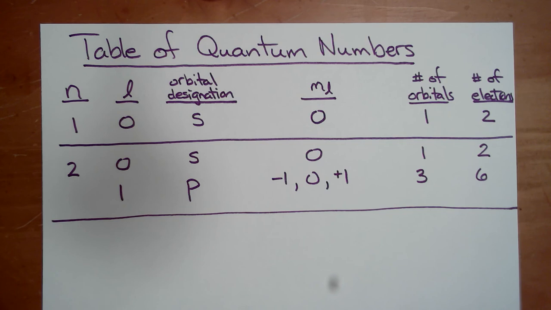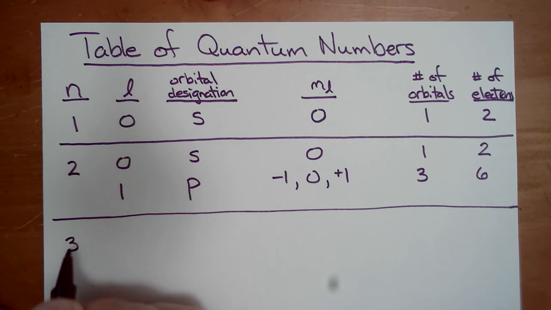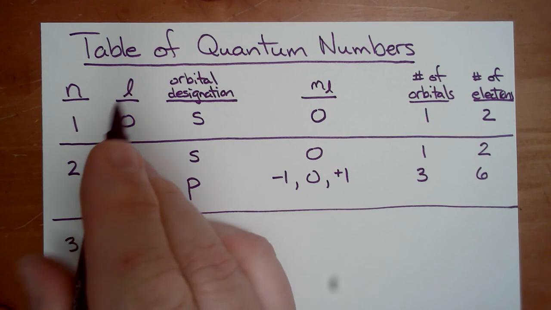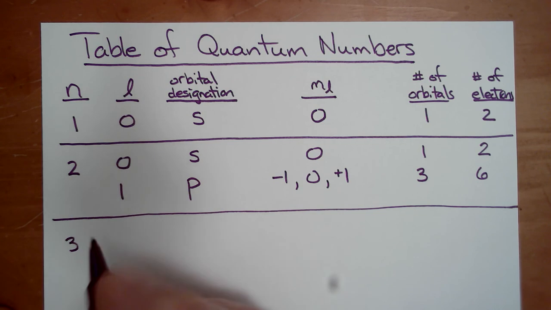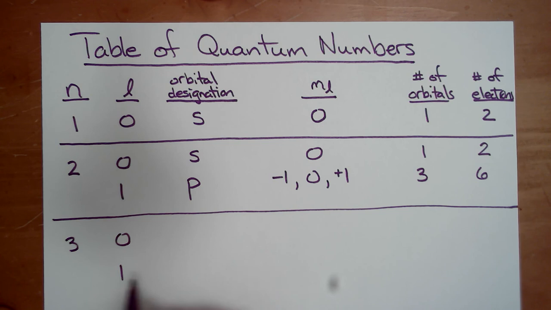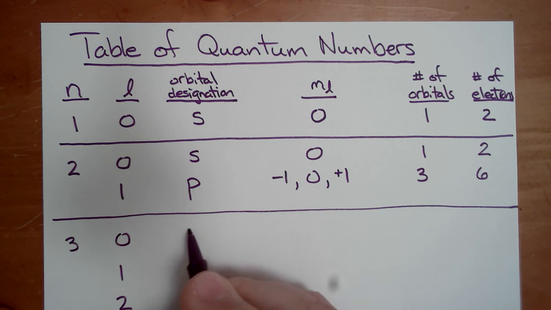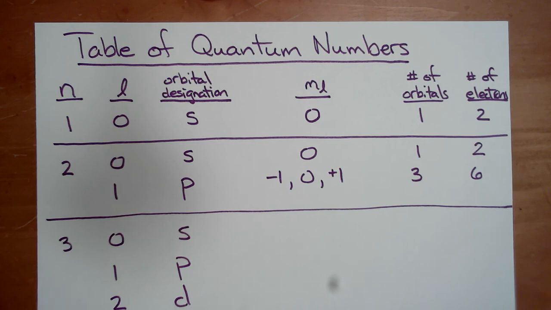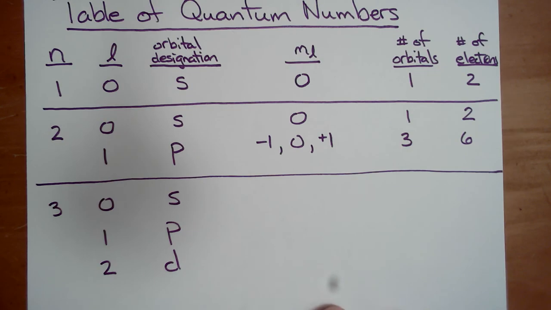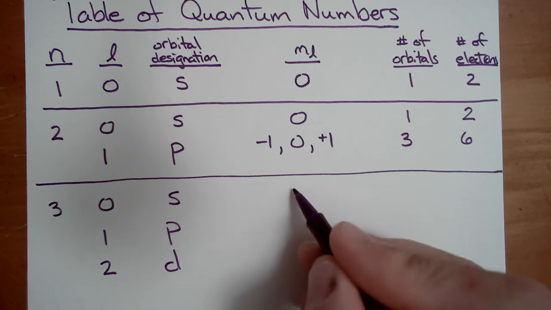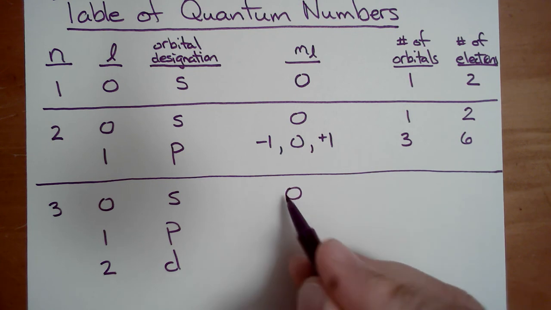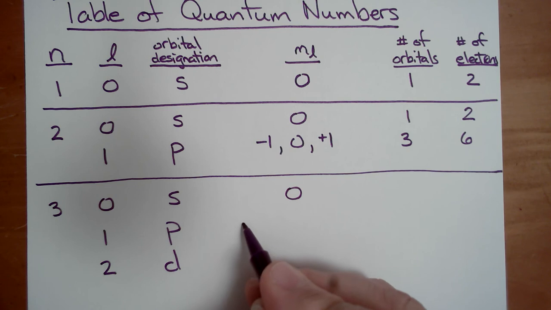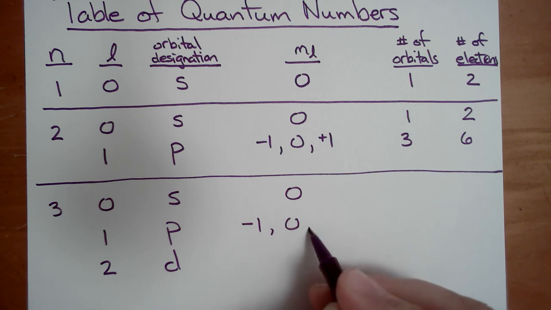Let's look at energy level 3 now. Our angular momentum quantum number will be 0, 1, and 2. In other words, we can fit an s, a p, and a d sublevel within that energy level. The s would have a single orbital with that orientation. The p would have 3 orbitals, a -1, a 0, and a +1.